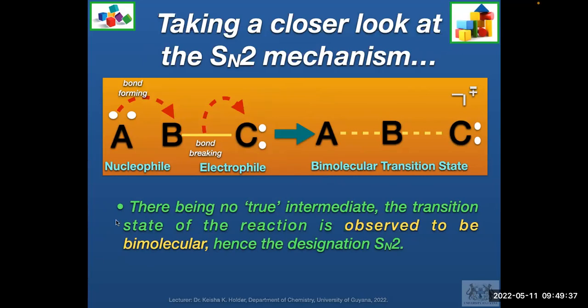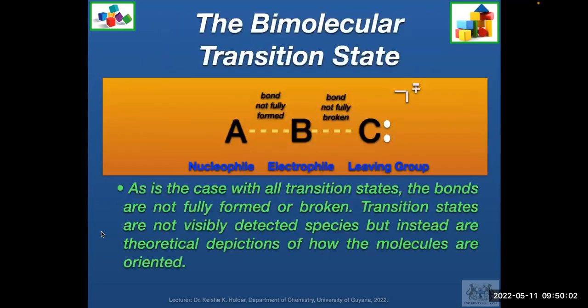So essentially, we took this molecule and we took this molecule and we combined them to form our transitionary intermediate, where the bonds are not fully formed nor fully broken. And that is actually how we find ourselves on our way to the final product.